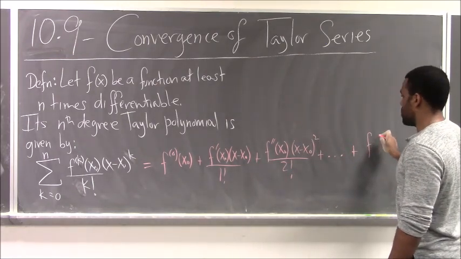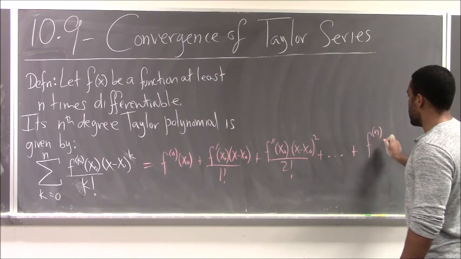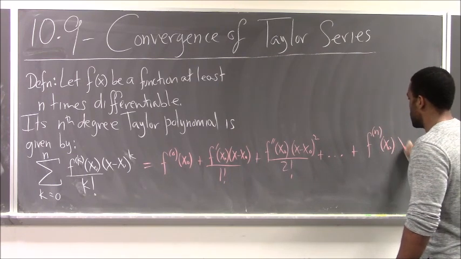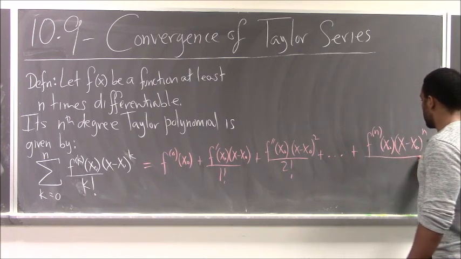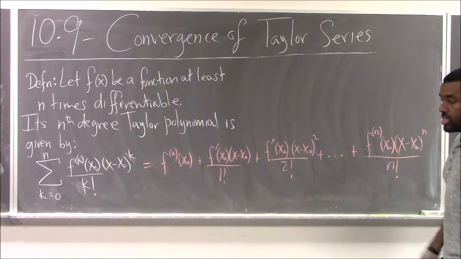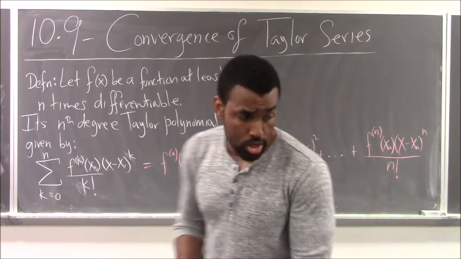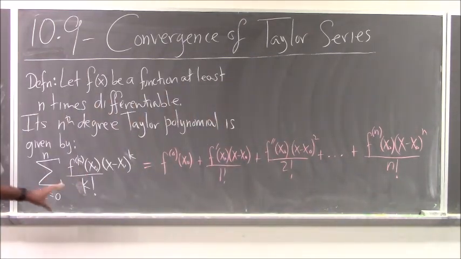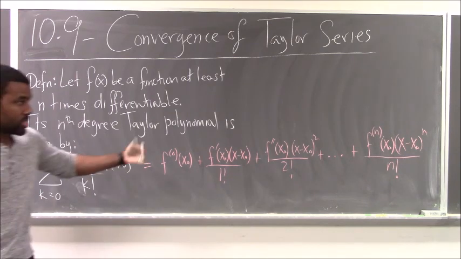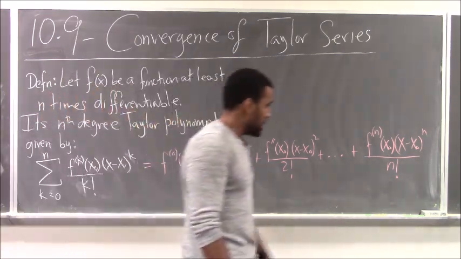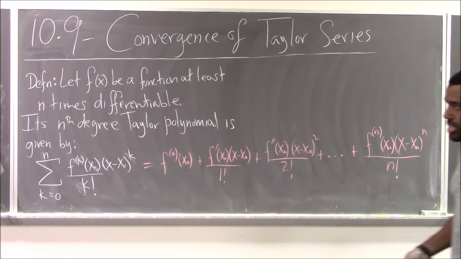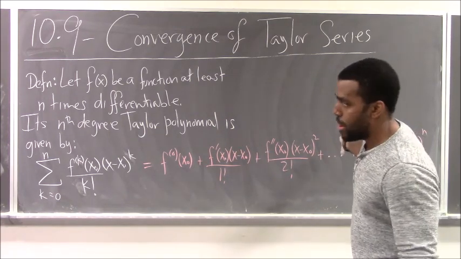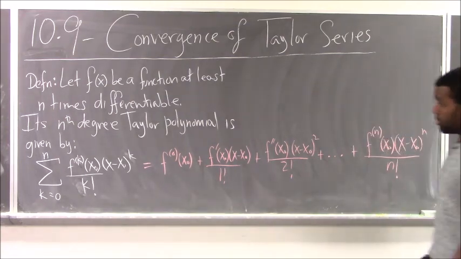It goes all the way up to the nth degree: the nth derivative of f at x naught, times x minus x naught to the n, over n factorial. So it's a finite polynomial. It has n plus 1 terms, right? I'm just taking the Taylor series, but I don't let it go off to infinity. I just let it stop at some number n. This is called the nth degree Taylor polynomial. So it's essentially the first n plus 1 terms of a Taylor series.